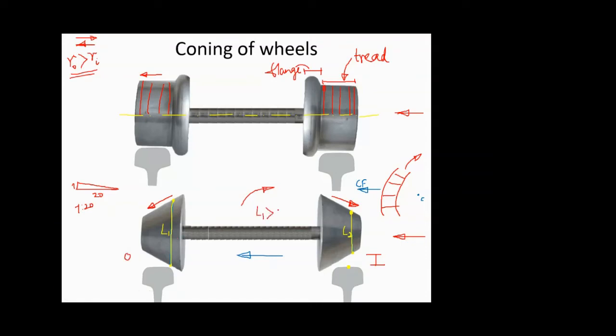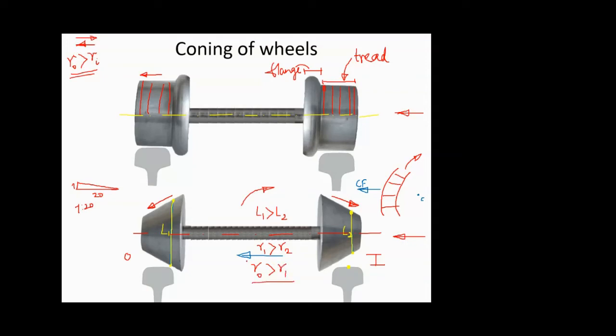Now if L1 is greater than L2, and I draw an axis and divide L1 and L2 by 2 to measure the radius, then R1 will be greater than R2, where R1 is the radius of the outer wheel and R2 is the radius of the inner wheel.